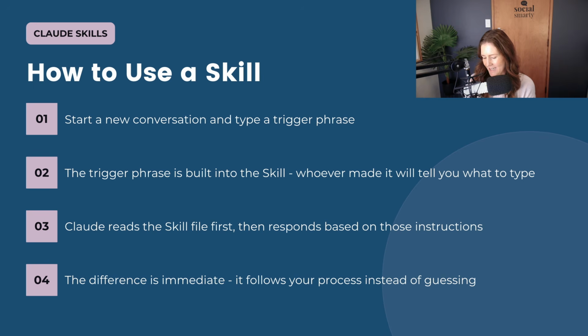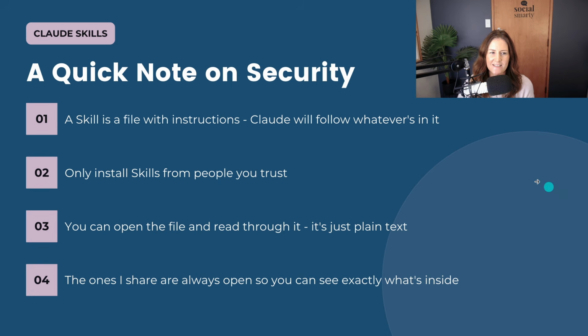It's literally like that. Okay, so a really quick note on security before you go downloading skills from the internet. A skill file is literally a set of instructions, and Claude is going to follow whatever is in that file. So because of that, we don't want to go downloading random skills willy-nilly that might have not so nice instructions in them.